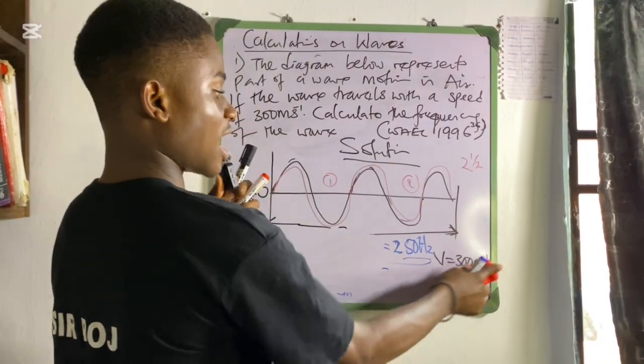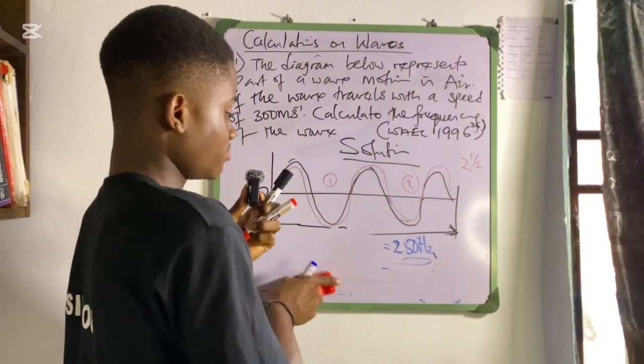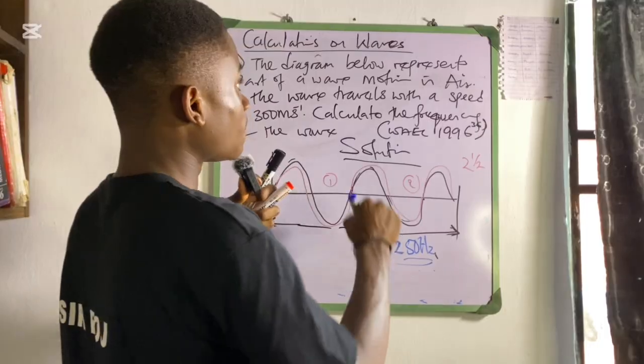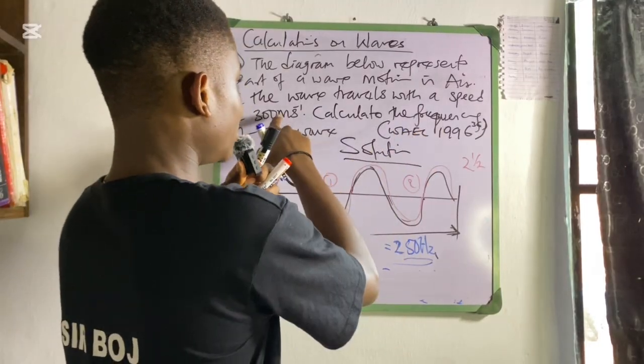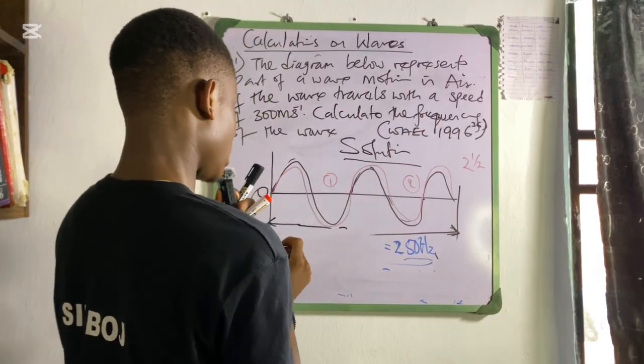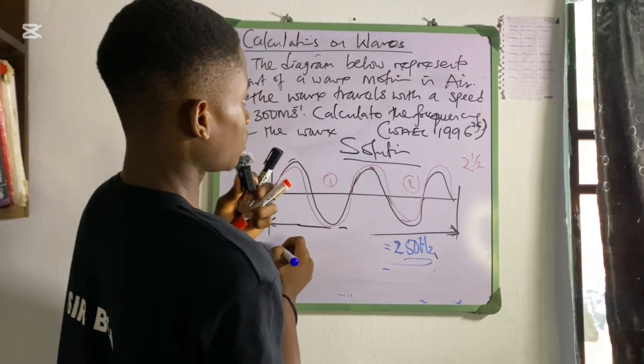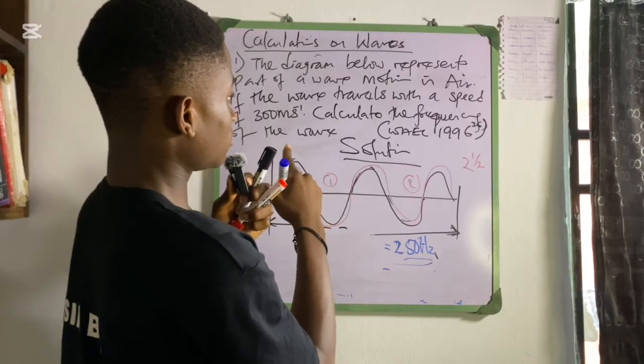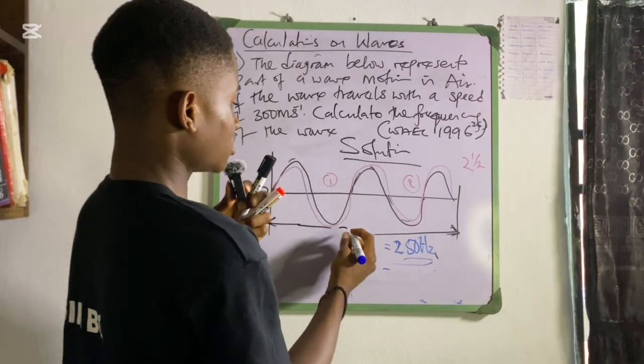I'll teach you that, so that if you have a question like this, you can employ any one that you want. We have that the speed is 300 and the distance here is still 3 meters.